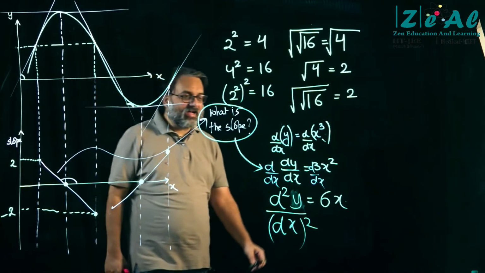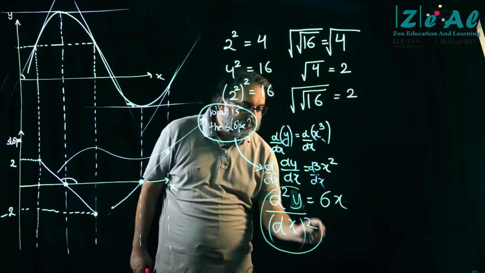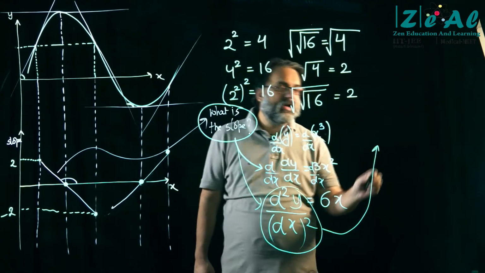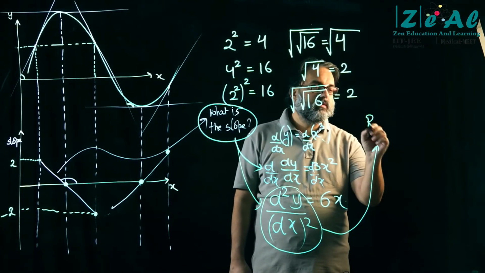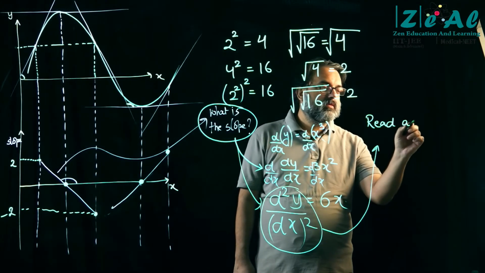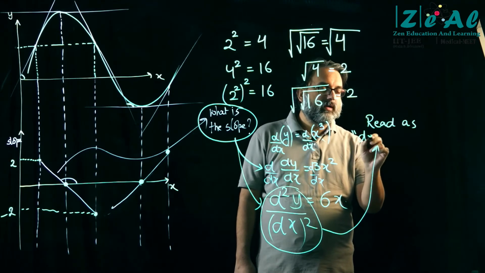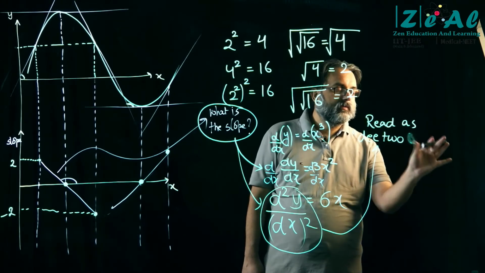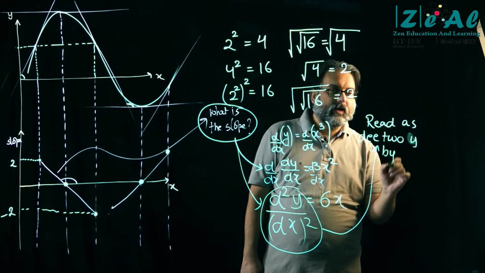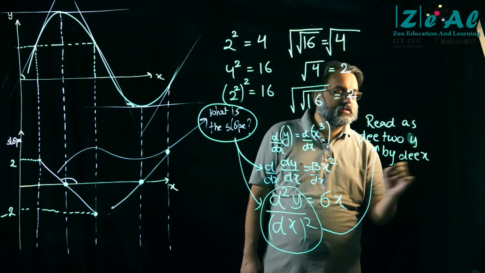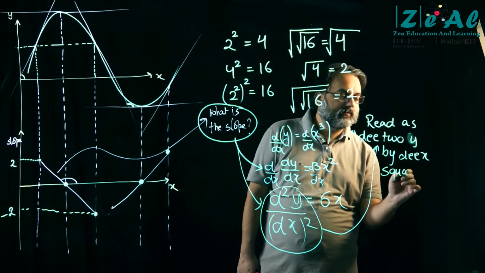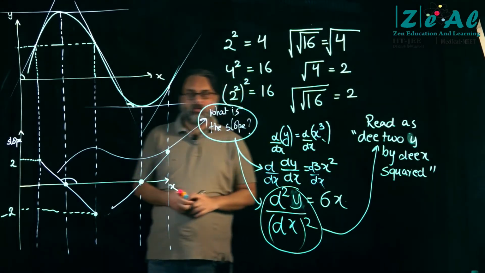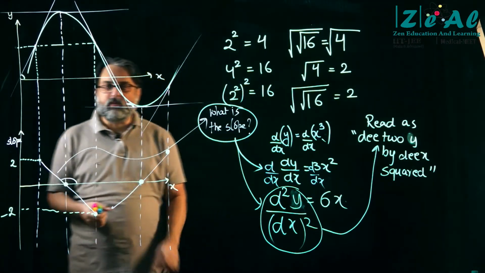And this is read as d2y by dx squared. Okay, and it is called the double differential.